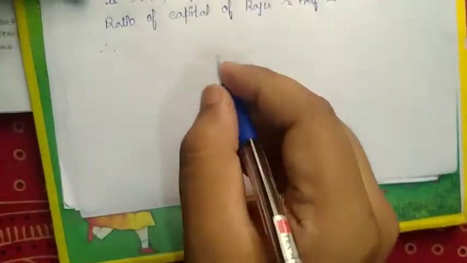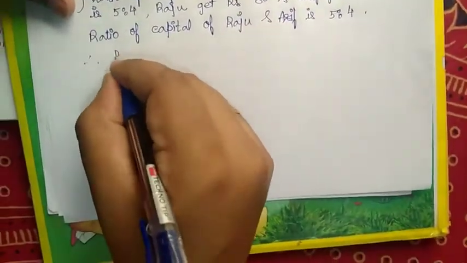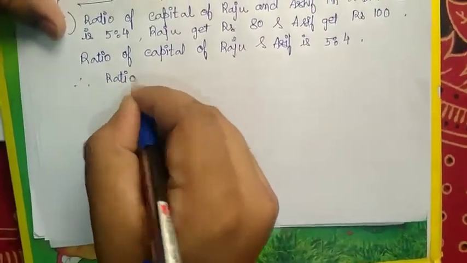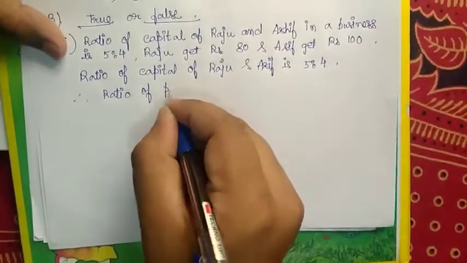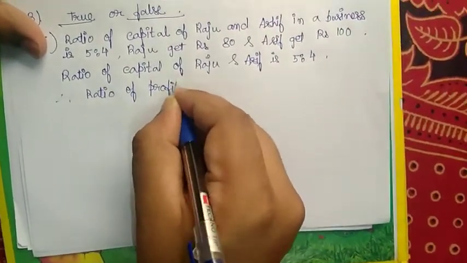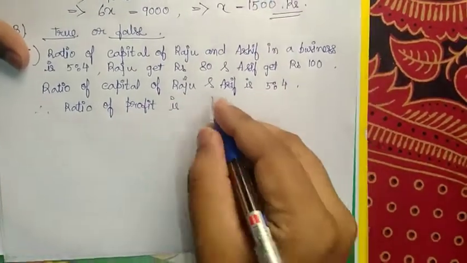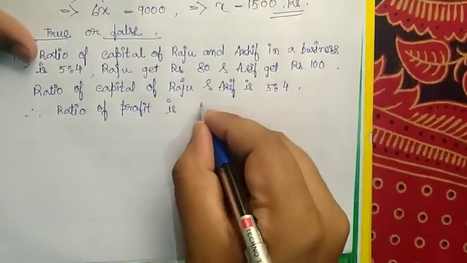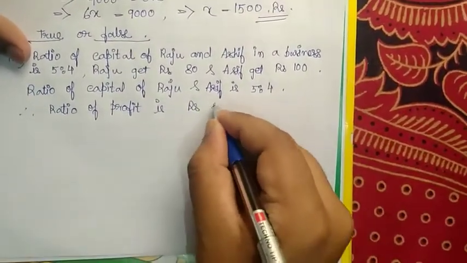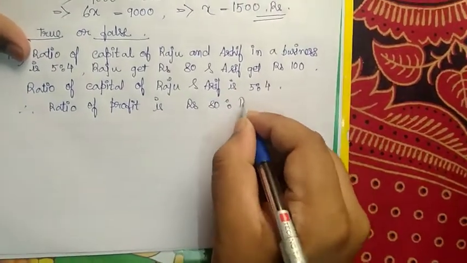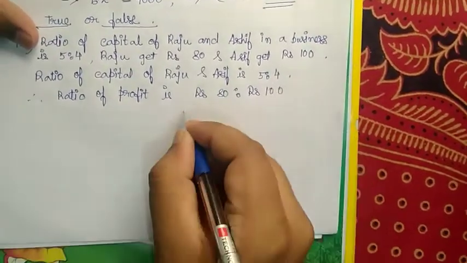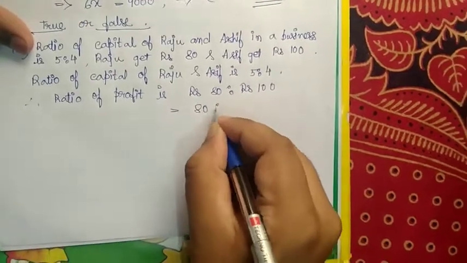So therefore the ratio of profit is rupees 80 to rupees 100. So therefore 80 to 100.